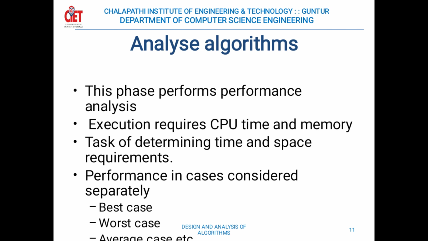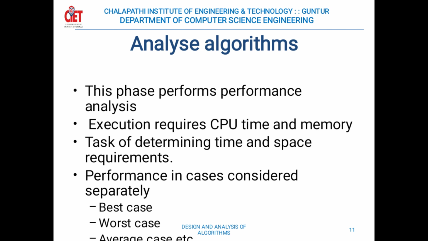Even though an algorithm is correct, it is not the best algorithm if its performance is worst. So we need to analyze the performance of the algorithm to determine whether it is the optimal one or not, whether it is the efficient one or not.